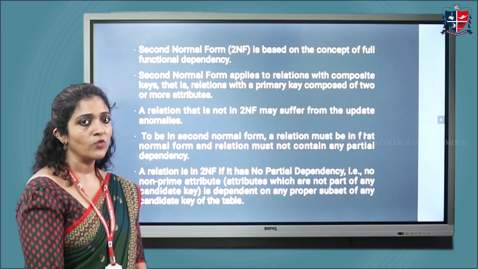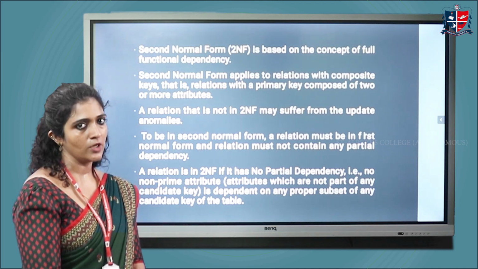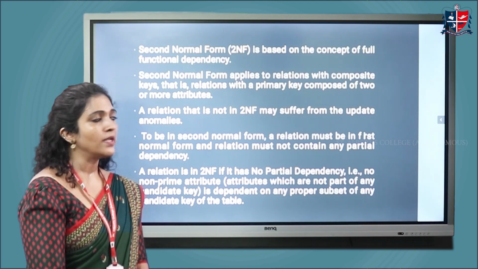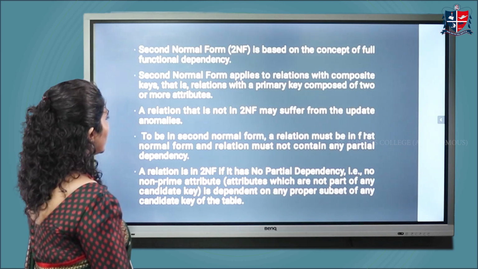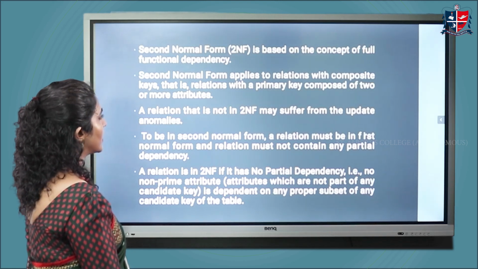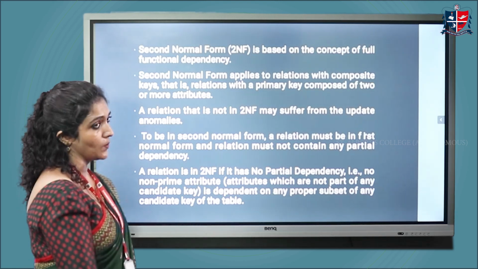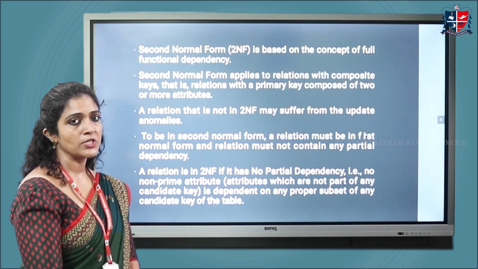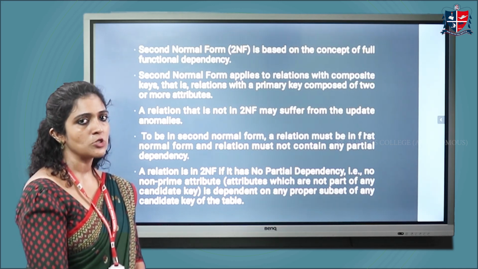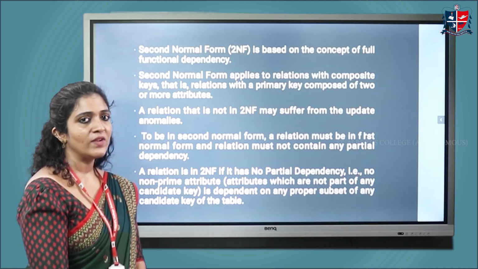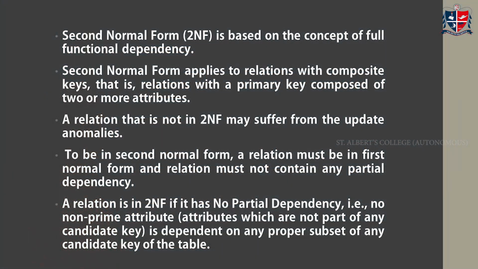In that scenario, we will have the issue of partial dependency. A relation that is not in 2NF may suffer from update anomalies. We have seen insertion and updation anomalies, and if the database table is not in 2NF, we will suffer from the updation anomalies.